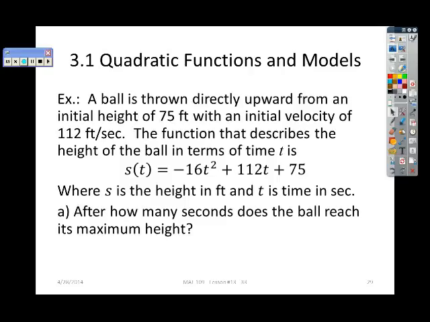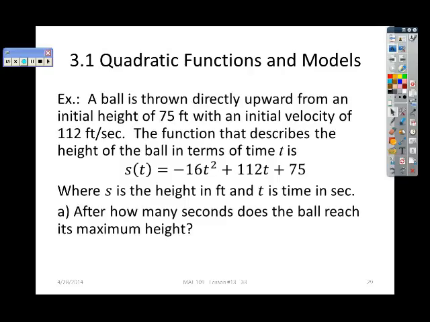A parabola. Where is the maximum point of a parabola? The vertex. You know how to find the vertex of a parabola by what we just looked at. So if you're looking for the maximum point on this, you locate the vertex, and that will be the value.